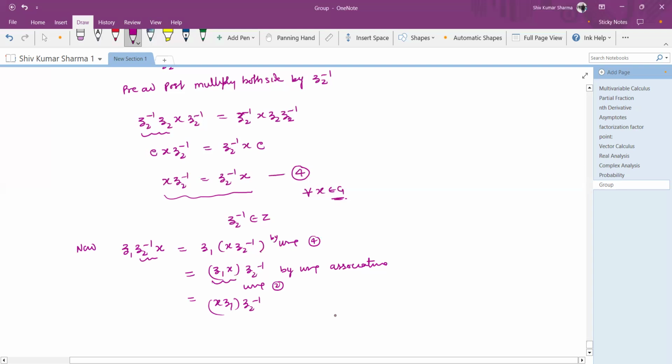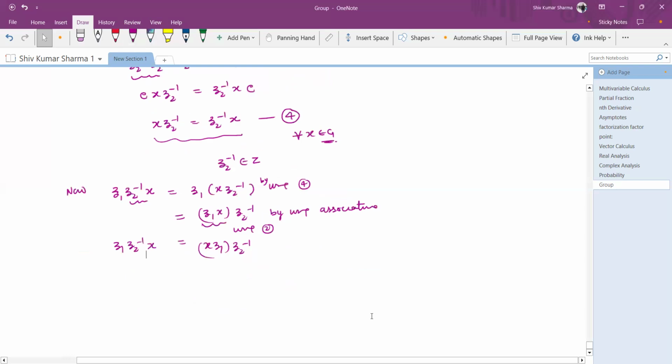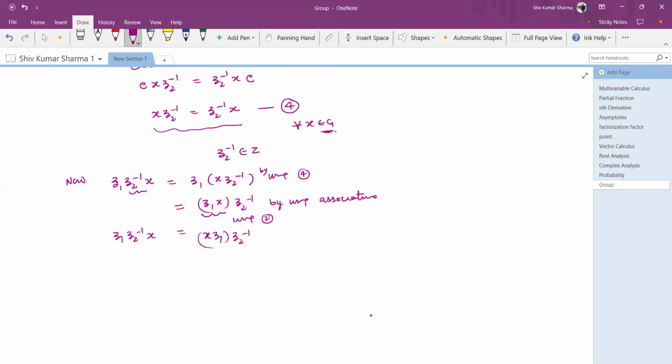So we can write z1 into z2 inverse into x is equal to x into z1 into z2 inverse. So xz equals zx.